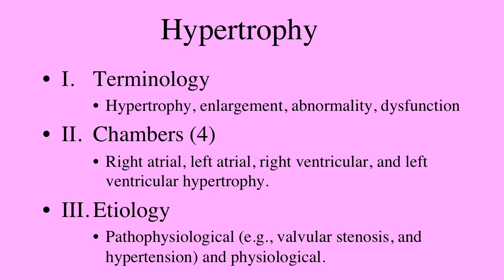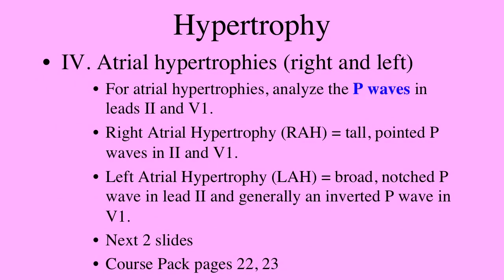If somebody finished athletics or exercise, the heart would go back to its normal size. So this is a physiological hypertrophy. But mainly our concern in this course is working with clinical patients and the pathophysiology of hypertrophy.